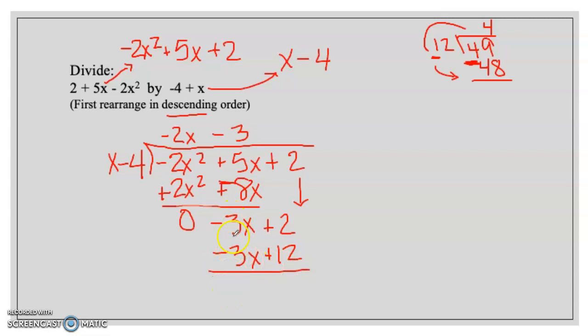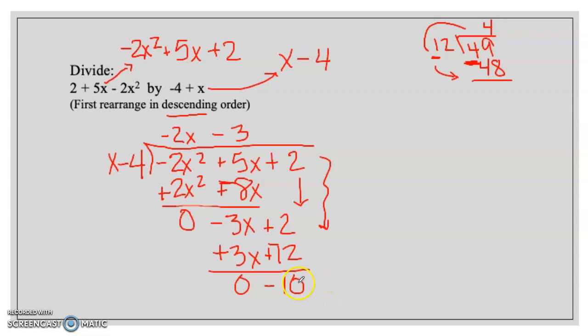If I add it like this, I get negative 6. I need to make it opposite, opposite. So now I have 0, and this adds to be negative 10. I have nothing else to bring down. So negative 10 is my remainder.